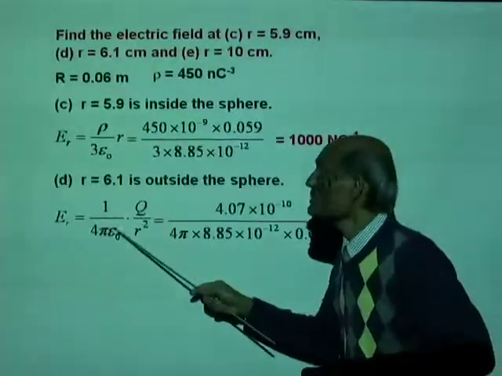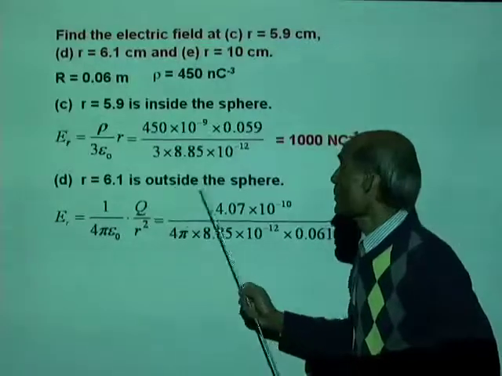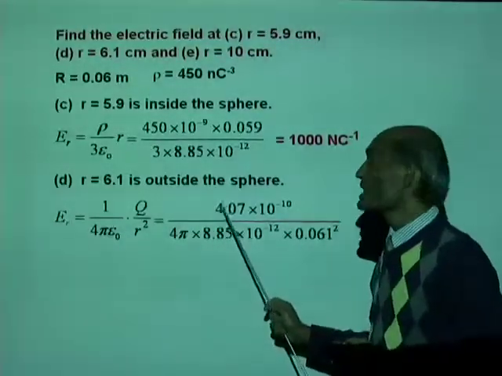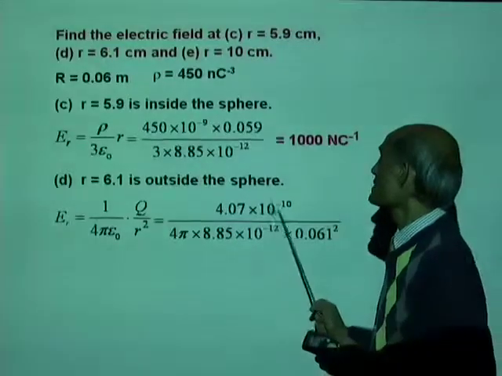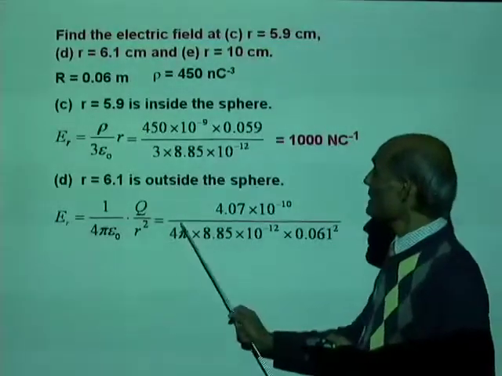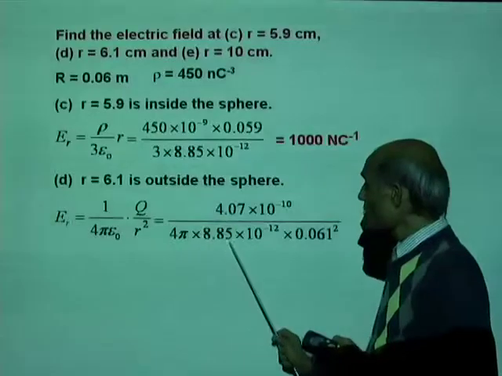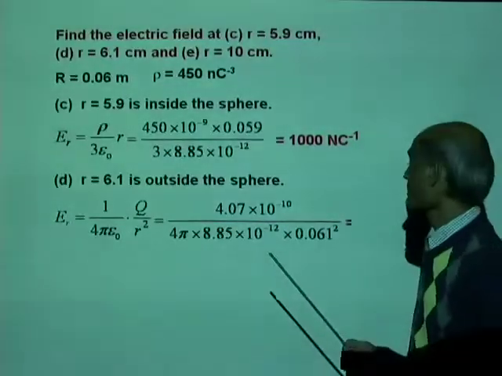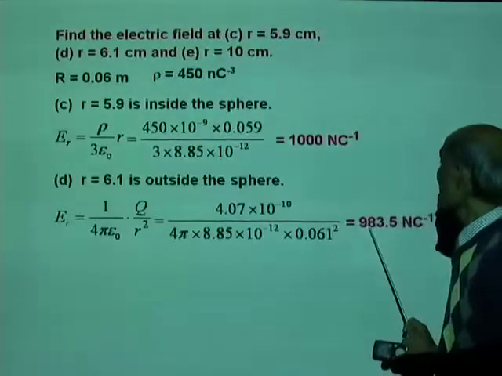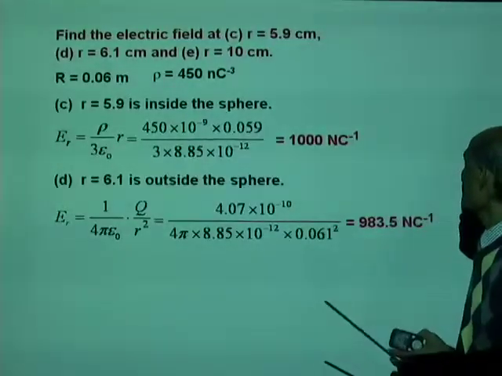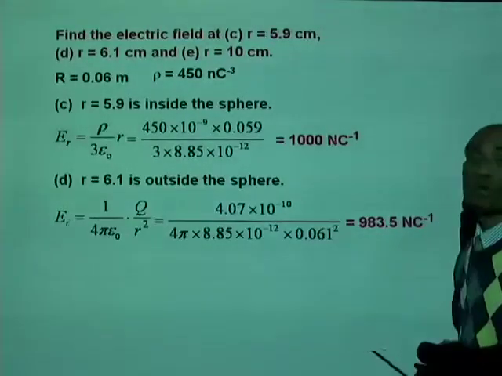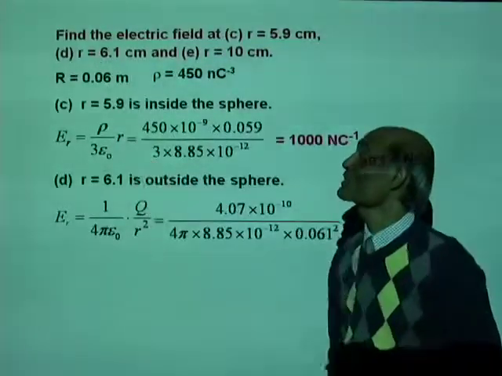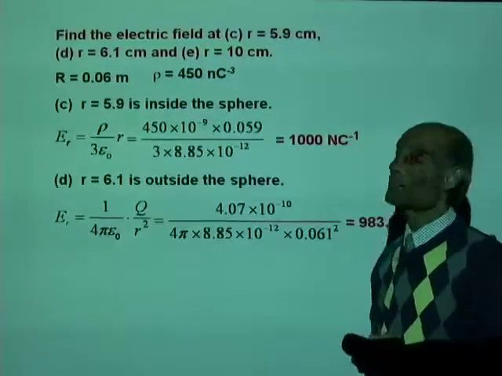Alright, let's use this relation anyway. Alright, q, the amount of charge on the sphere, is 4.07 times 10 to the negative 10, over 4 pi times epsilon naught times r squared. That is 983.5 Newton per Coulomb, the electric field at r equal to 6.1 centimeter.